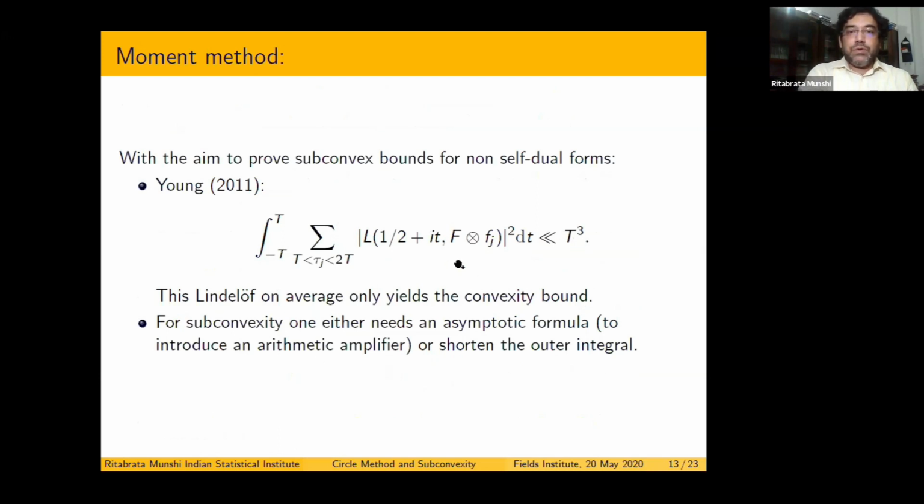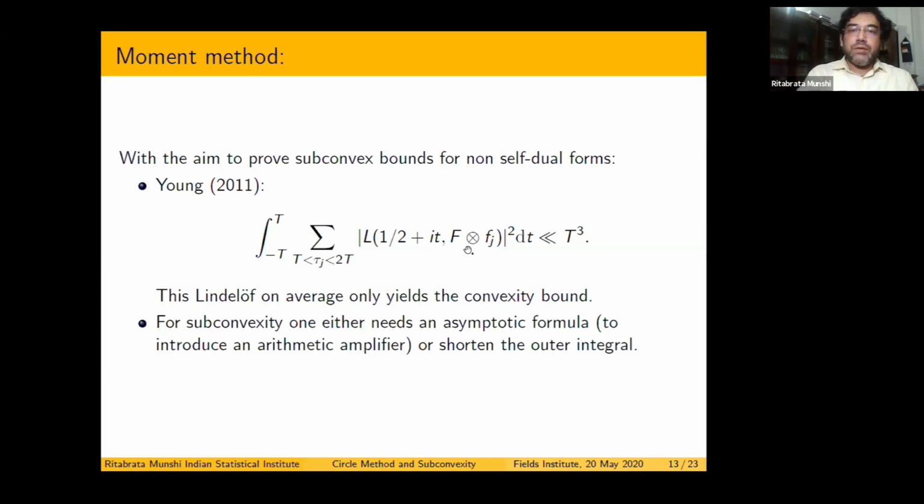You'll see that this is because the number of forms you have here is like t squared, so there are t cubed many points of summation over here. So it's kind of proving Lindelöf on average. And from this, you can derive the convexity bound for the individual function, but you will not get any subconvex bound.